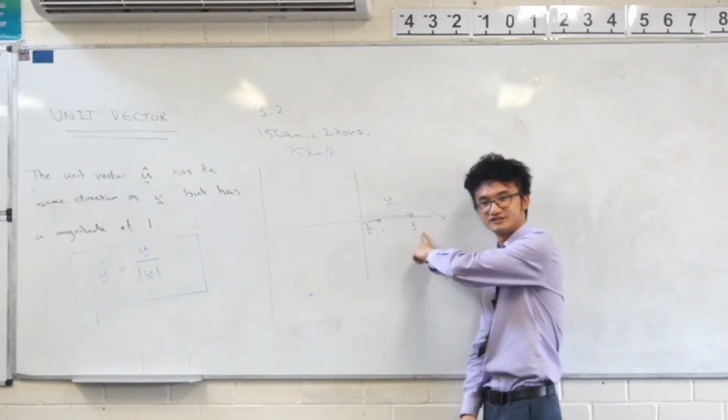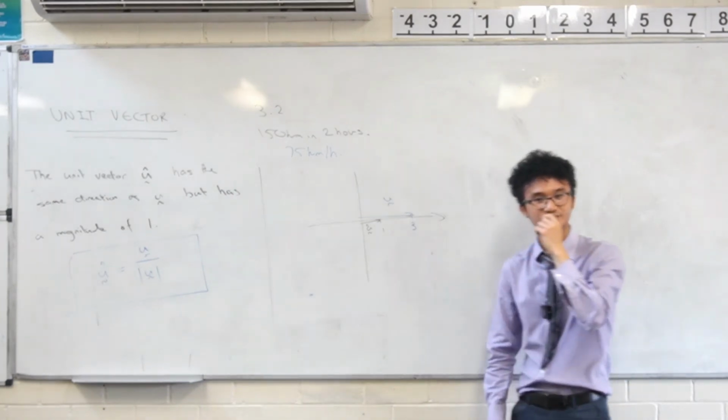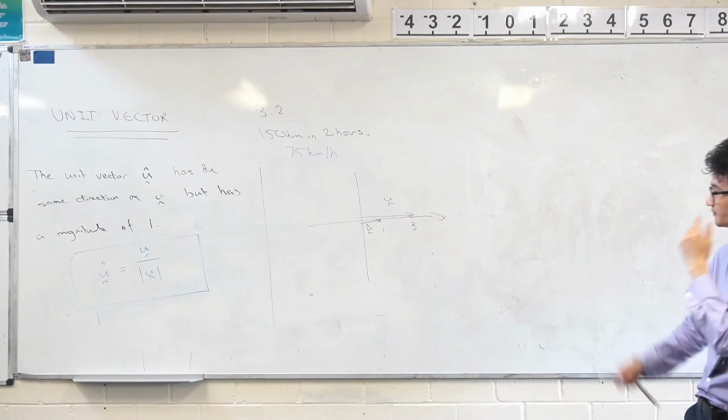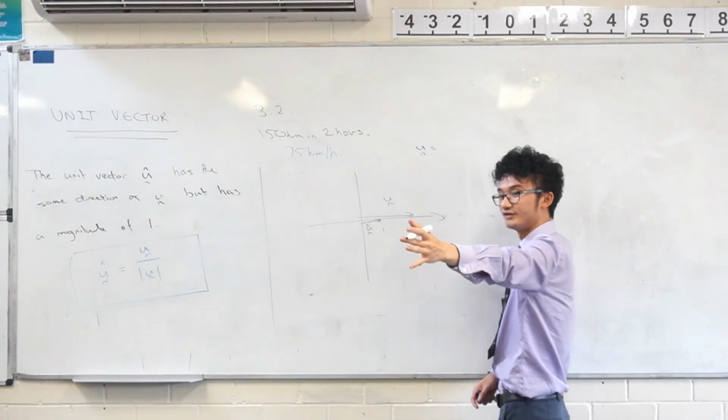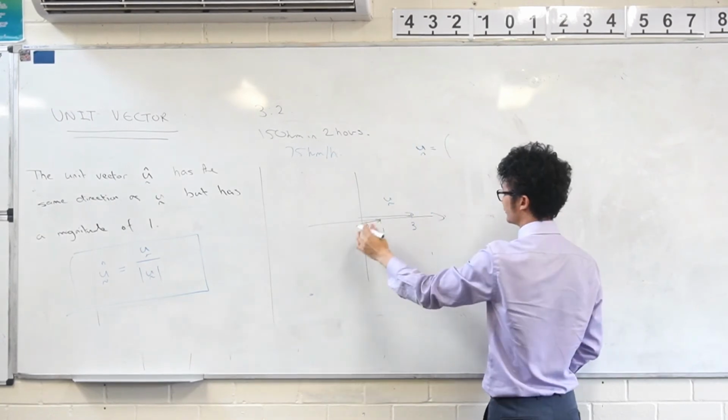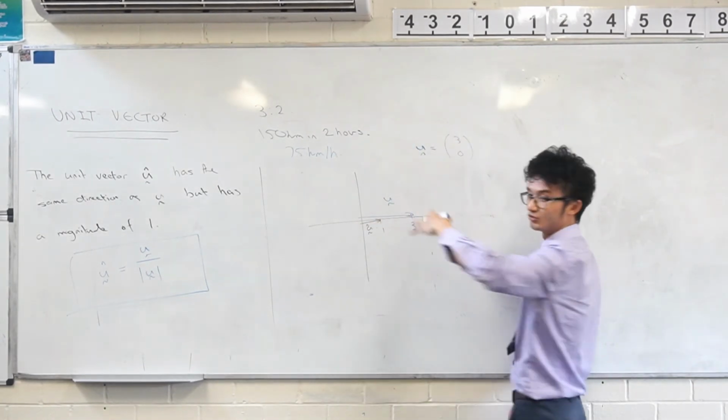What vector is this as a position vector? 3, 0. Why 3, 0? Because you're 3 across, 0 up, so it's like your coordinates.